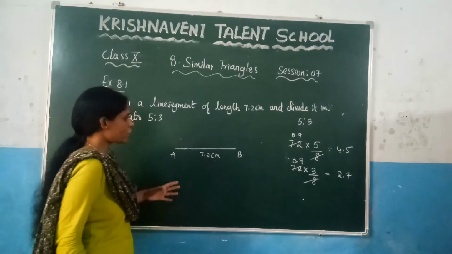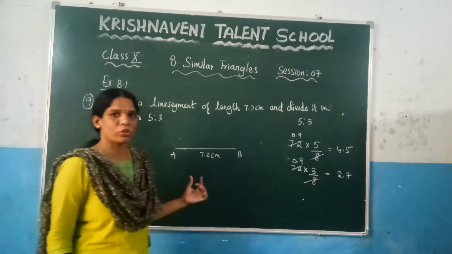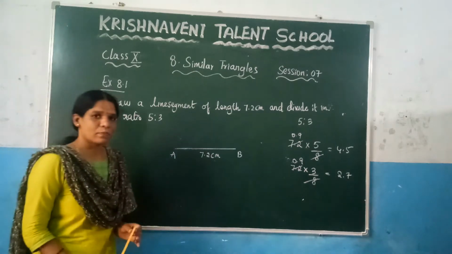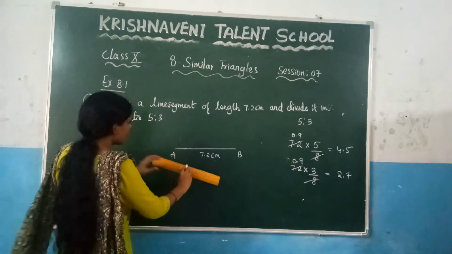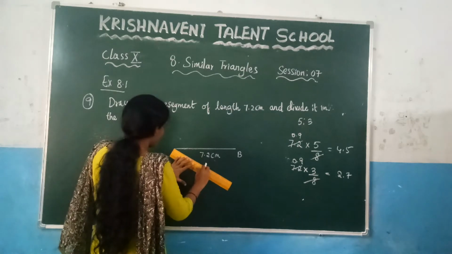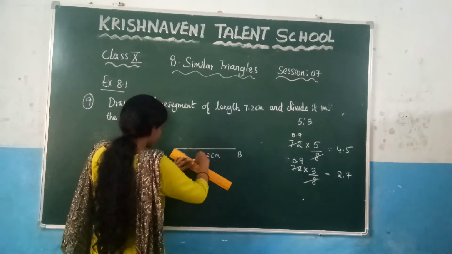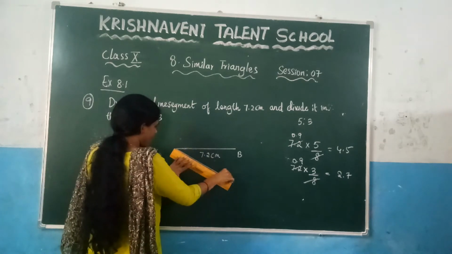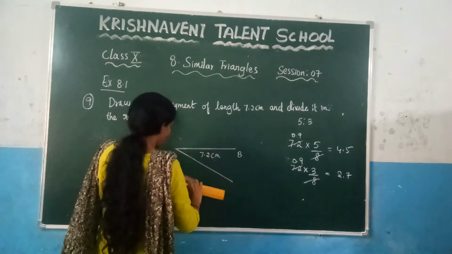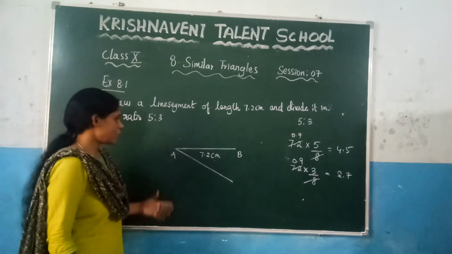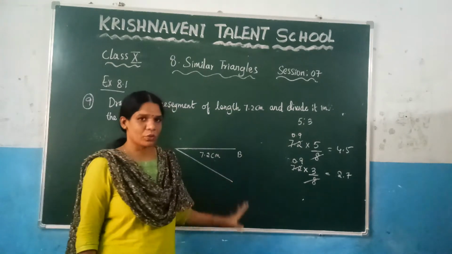Now here what we need to do is draw one acute angle, and you know that the acute angle is nothing but it is less than 90. So you can draw one line such that it is in the form of some acute angle. So draw it like this. While we are drawing one more line, you will come to know what we are doing here.